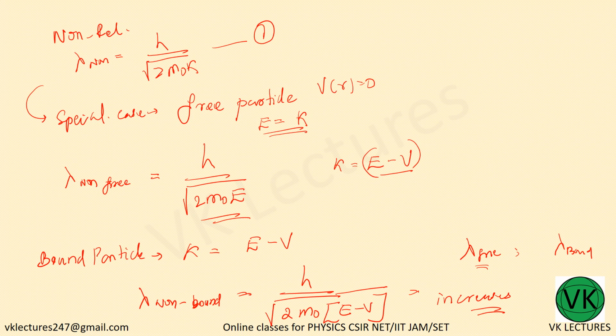So for example, you have a free particle here. This free particle is moving into some potential. Here the wavelength will be lambda free. Here the wavelength will be lambda bound. Inside this potential, your wavelength will increase. That can be one of your questions.